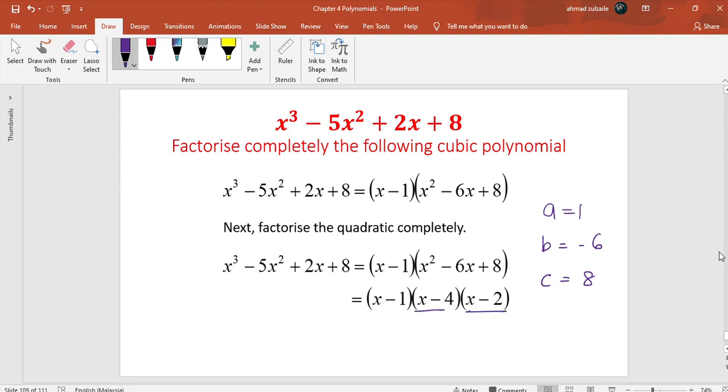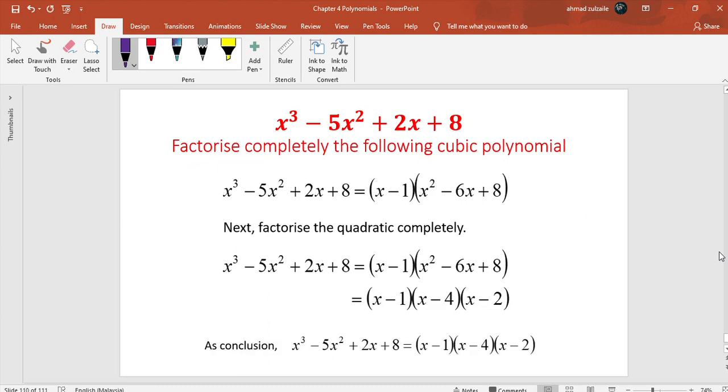So this is how we factorize completely. You have to make sure you expand this polynomial, the sum of terms, into the product of terms. So therefore, the conclusion will be the polynomial equals x minus 1, x minus 4, x minus 2.